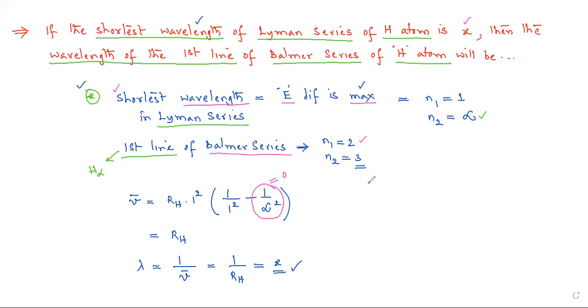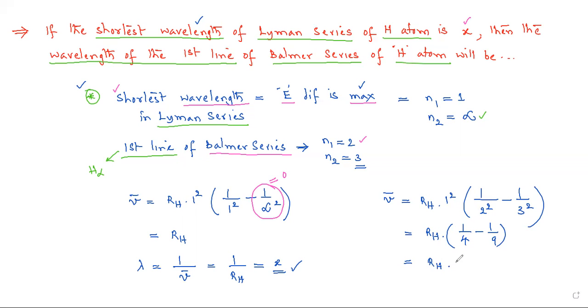Now let us go for the second case and find the wavelength of the first line of Balmer series of hydrogen atom. Even here also let me take nu bar again, because nu bar is little bit convenient. RH into Z square into 1 by 2 square minus 1 by 3 square. RH into, now this can be written as 1 by 4 minus 1 by 9.